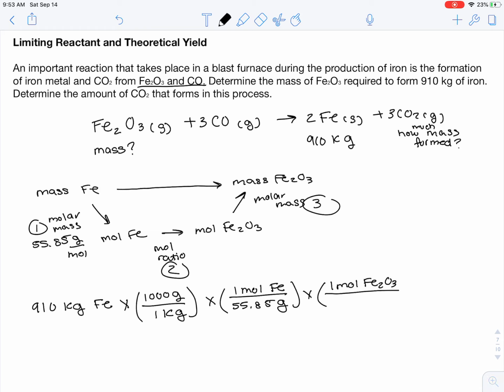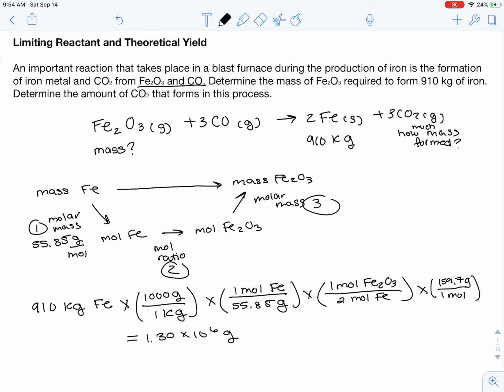Then I use my mole ratio. And then I can use my molar mass again. And that equals 1.30 times 10 to the 6 grams.